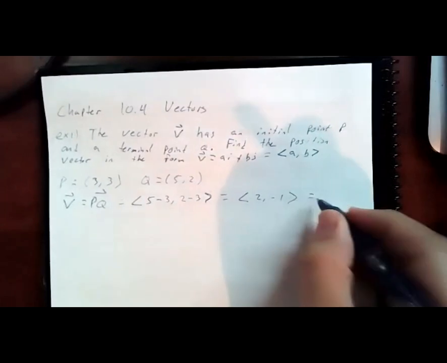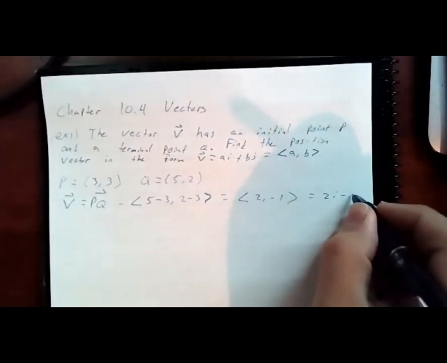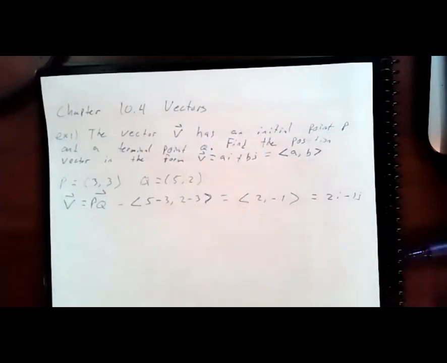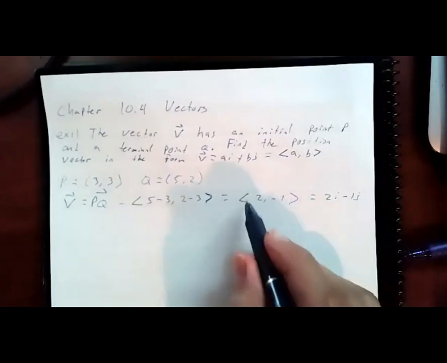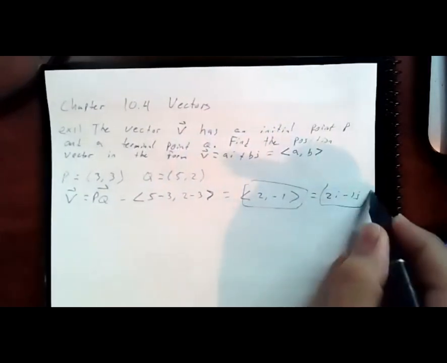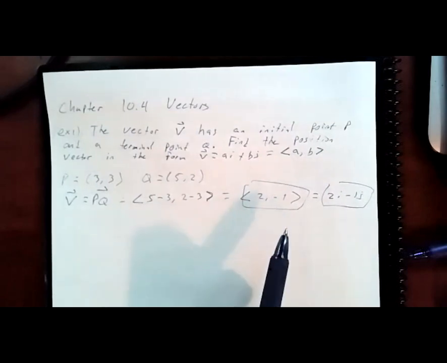Or if you prefer, they will use 2i minus 1j. It's the same thing. So either write it this way or this way. I don't care which one you use. If this makes more sense to you, go for it. It's all good.